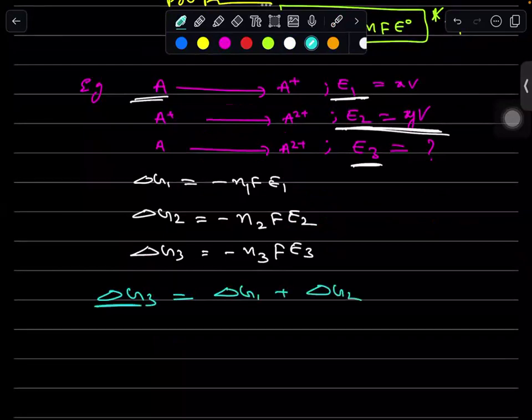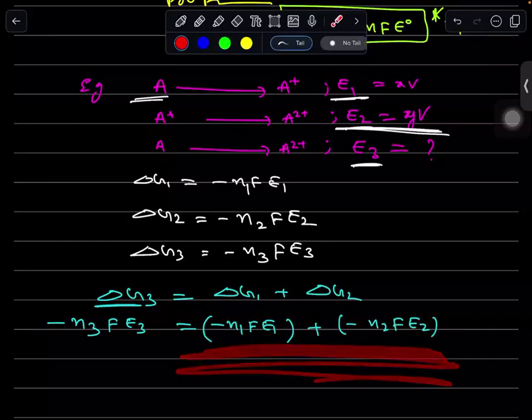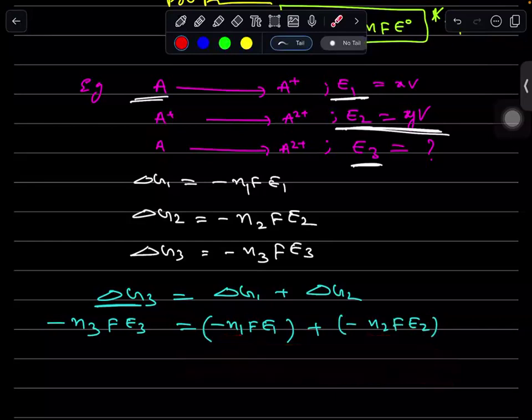So the del G3 expression is minus N3 F E3 equal to minus N1 F E1 plus minus N2 F E2. What is the common factor we can take from all of this? N1, N2, N3 are the electrons involved.